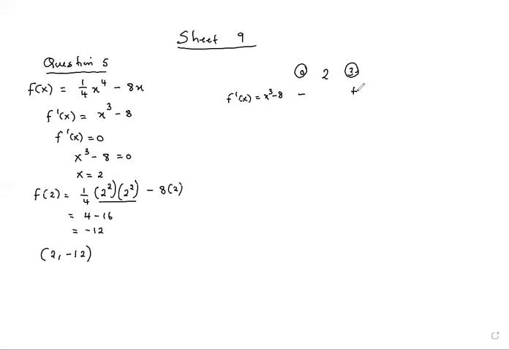Now, when it is negative, it means that it's decreasing, and then positive means increasing. So this means that our point is a relative minima.